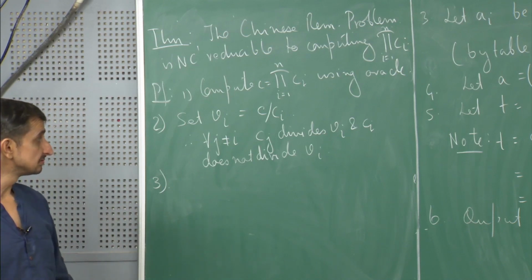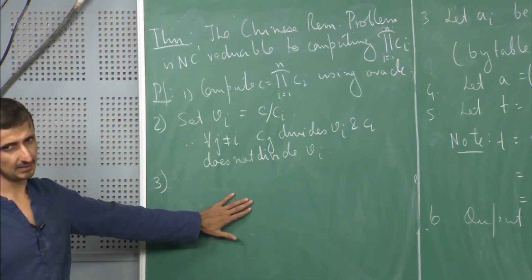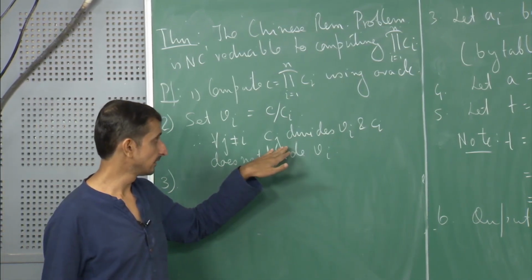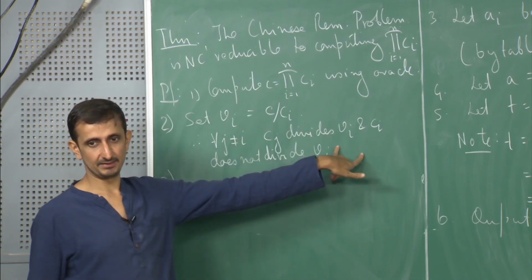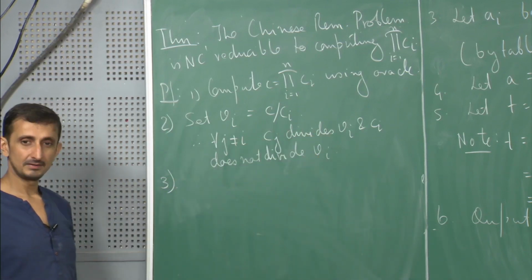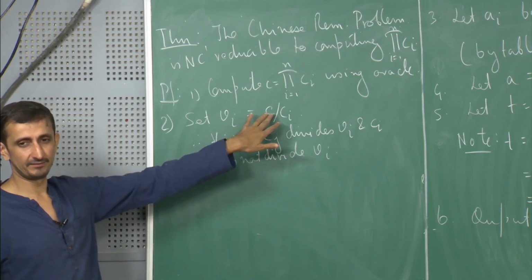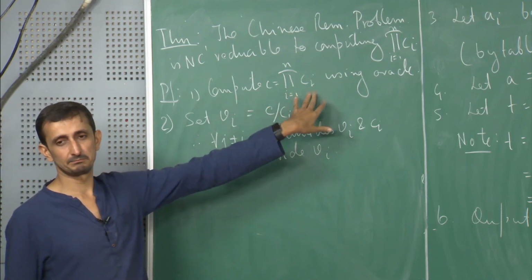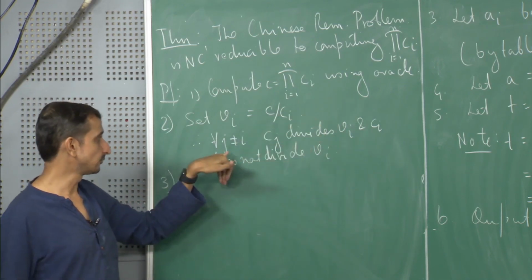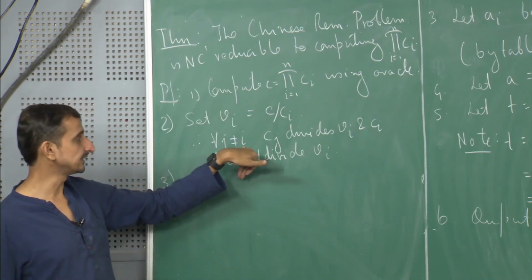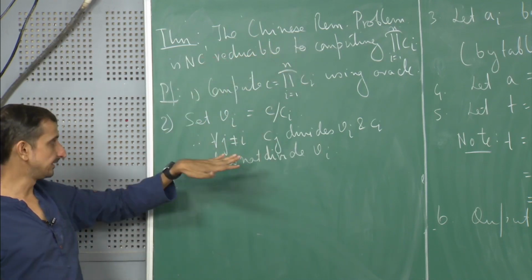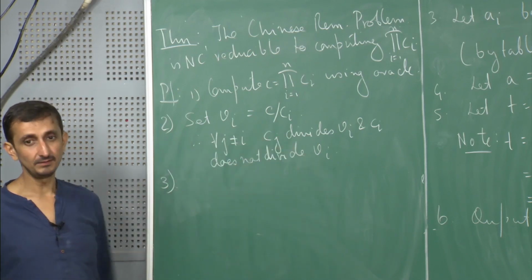Why does Cj divide Vi? Cj divides Vi because that is how it is defined, right? C is the product of all the Ci's, so if I take j to be anything other than i, it must divide.